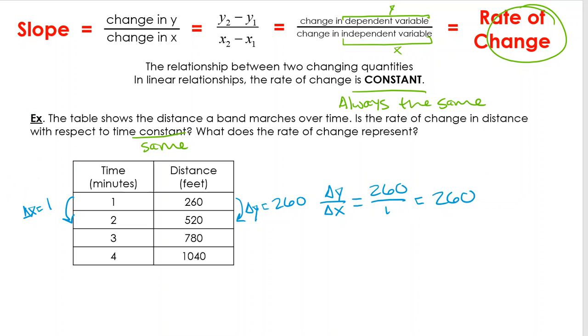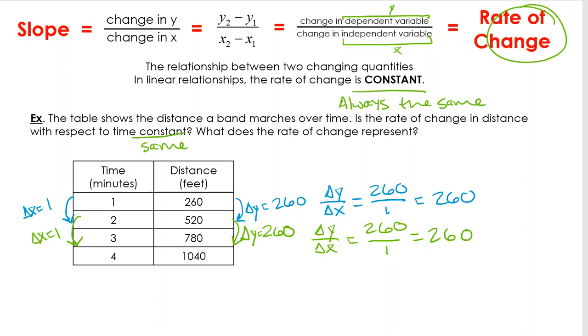So if this is constant, every time we do an interval, we'll get the same thing. So we'll go to the next one, 2 to 3. The change in x again is 1. Then the change in y from 520 to 780, that's 260. So again, our change in y over our change in x is going to be 260 over 1, which is 260.